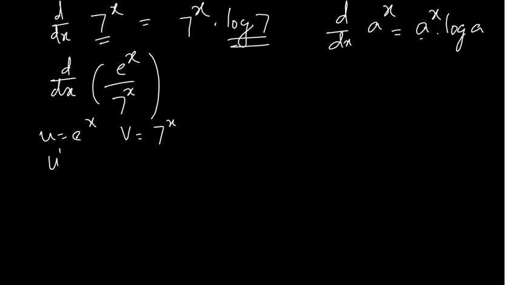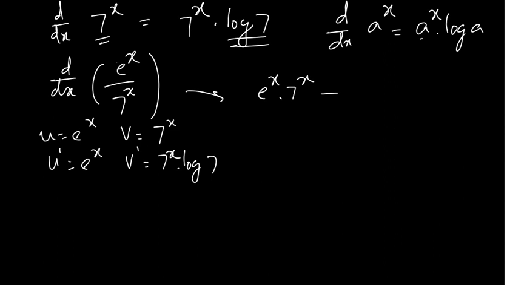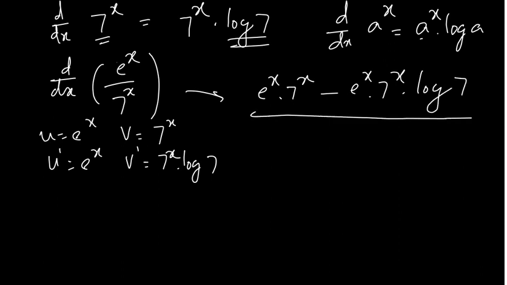So u dash is e power x only. v dash is 7 to the power of x into log 7. So applying the rule, you will have u dash v, that means e power x into 7 power x, minus uv dash, e power x into 7 power x into log 7, divided by 7 power x whole squared.